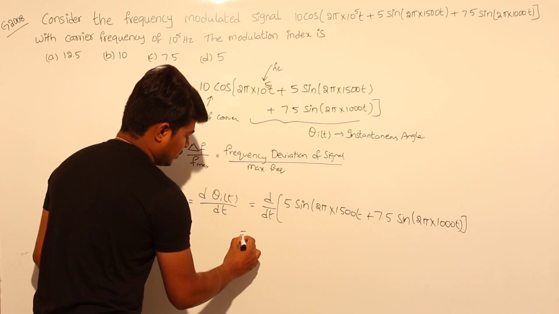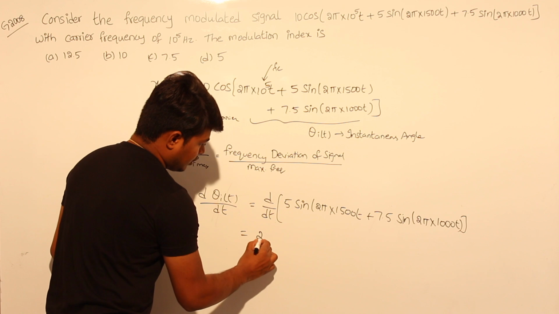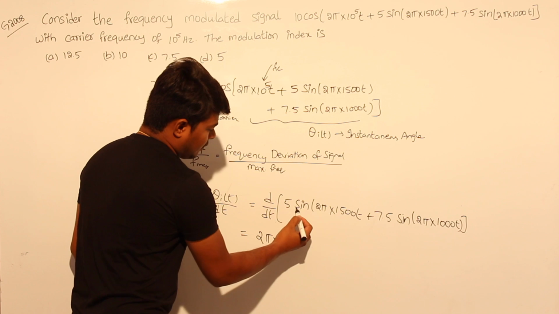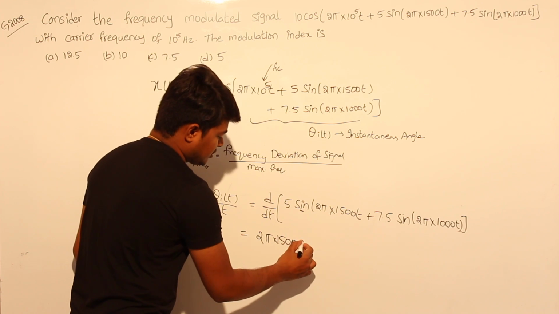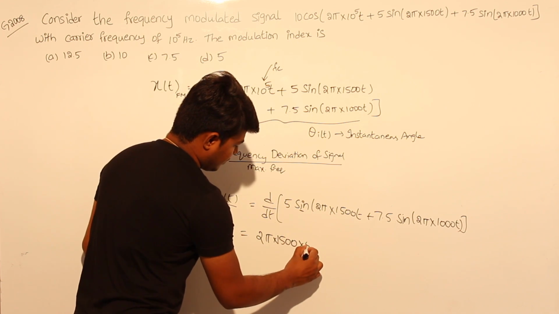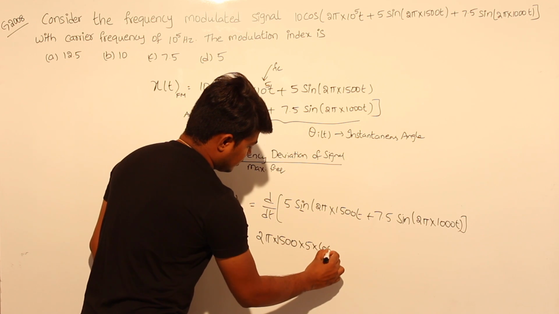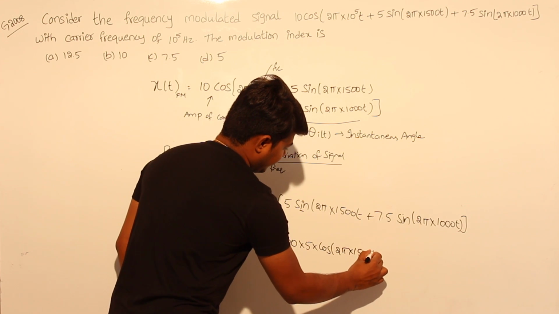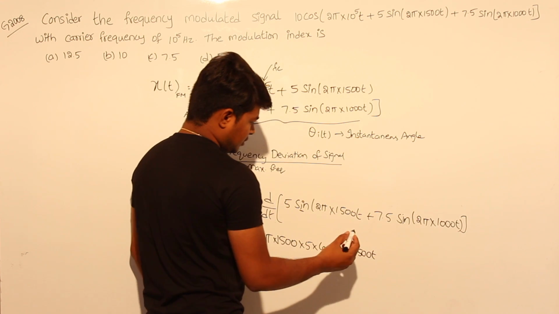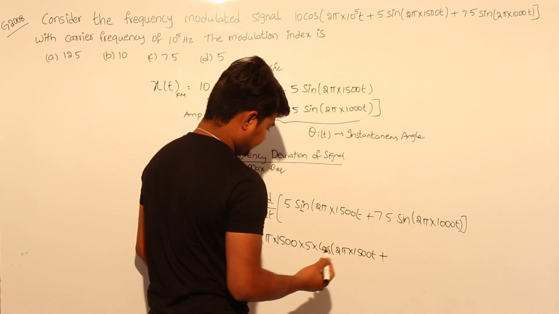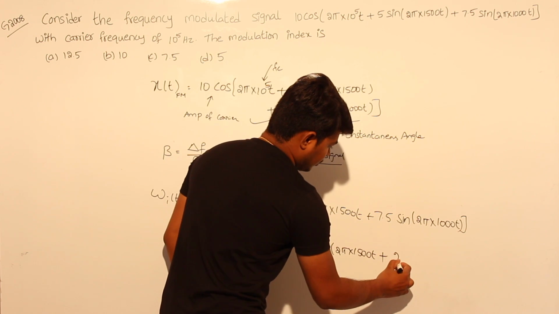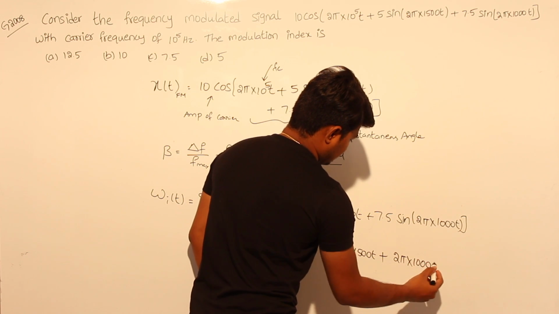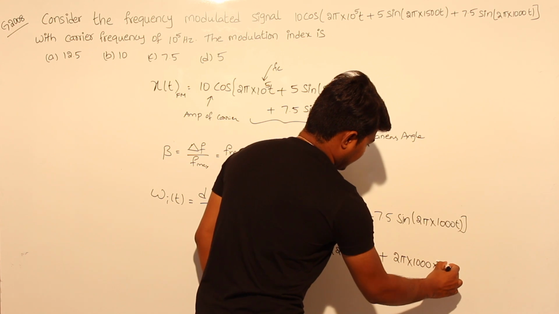Now what will this be? This will be 2 pi into 1500. The derivative of sine is cos, so it will be 5 into cos 2 pi into 1500 t, plus 2 pi into 1000 into 7.5.